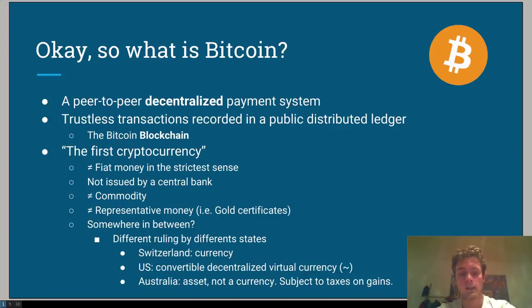They only have to pay taxes on wealth, like they would for any asset or anything that they own. In the US, it's considered a convertible, decentralized virtual currency. So they embrace the idea that it's not really anything like fiat money, commodity, or representative money. It's something different, and so it has its own definition.